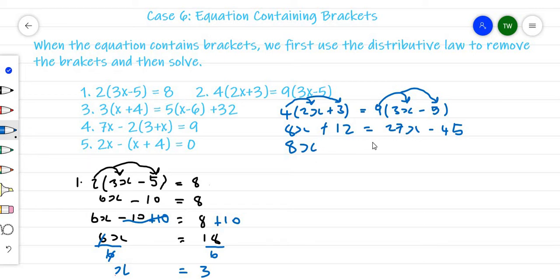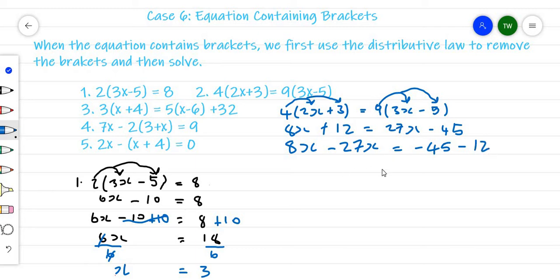So by moving positive 27x over to this side, it's going to become minus 27x, which is going to equal to this minus 45 here, and if I move this positive 12 over to this side, it's going to become minus 12.